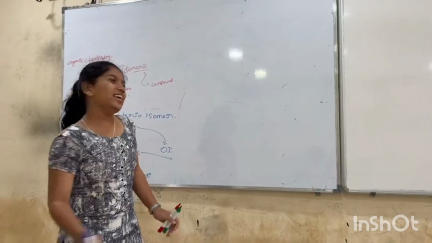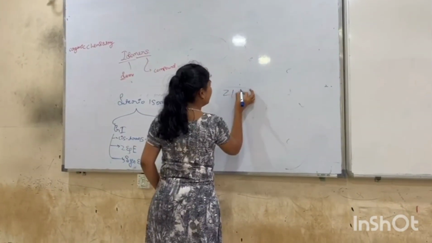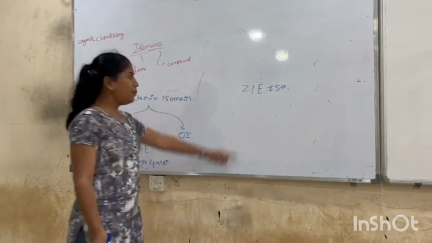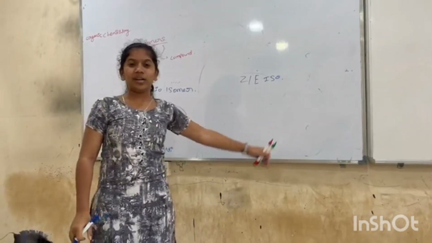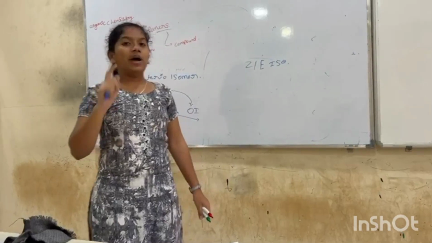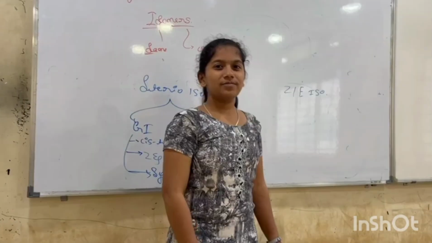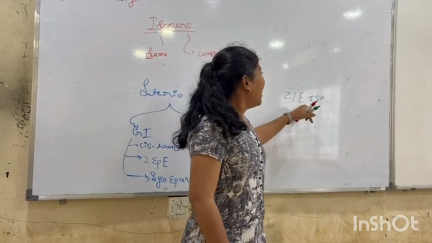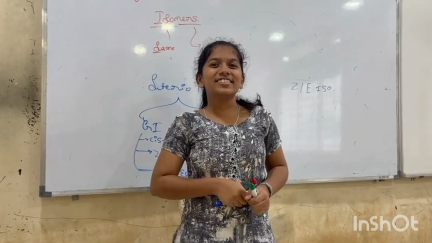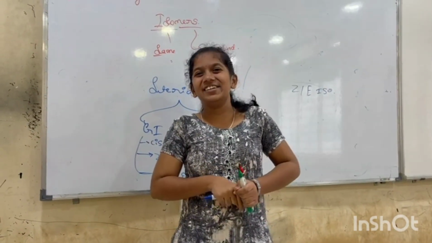Z and E. This is also the same as cis and trans isomer. What is Z and E isomer?